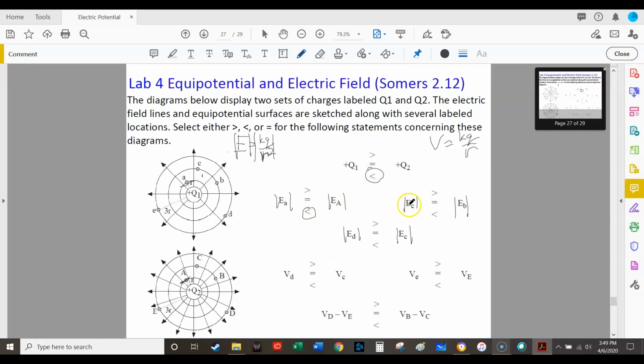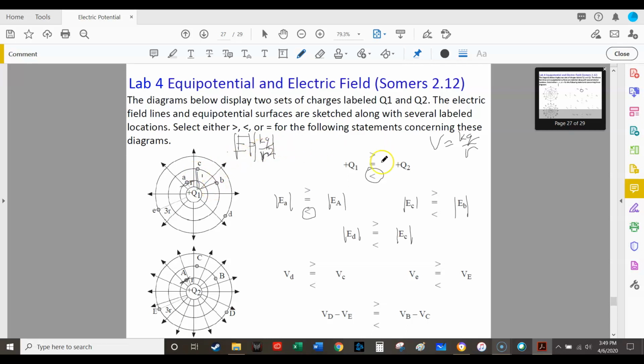Let's go ahead and compare the strength of the electric field at C to the electric field at B. Well, the electric field at C looks like it is 2r away. I'm only going from the fact that he's saying that this is 3r away, and so that means this distance must be about 2r-ish. Guessing, not sure. But they look like they're equal distance from Q1.